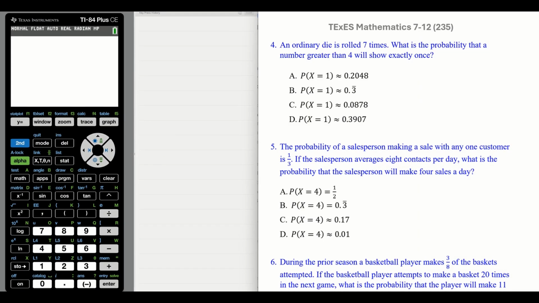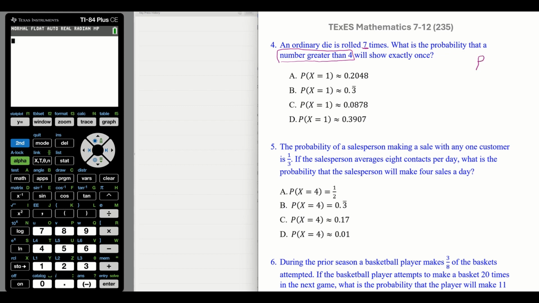Number 4. An ordinary die is rolled 7 times. What is the probability that a number greater than 4 will be shown exactly once? Okay, we have our n, and a number greater than 4 changes our probability.